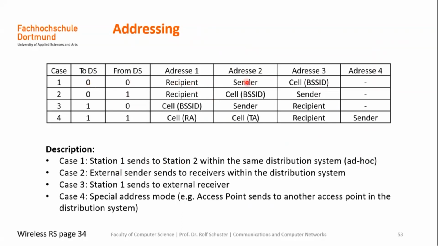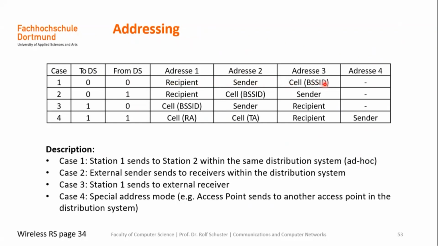In address 2, we specify the sender MAC address, that is the source address, the destination address, and in address 3 we specify the BSSID of the cell.